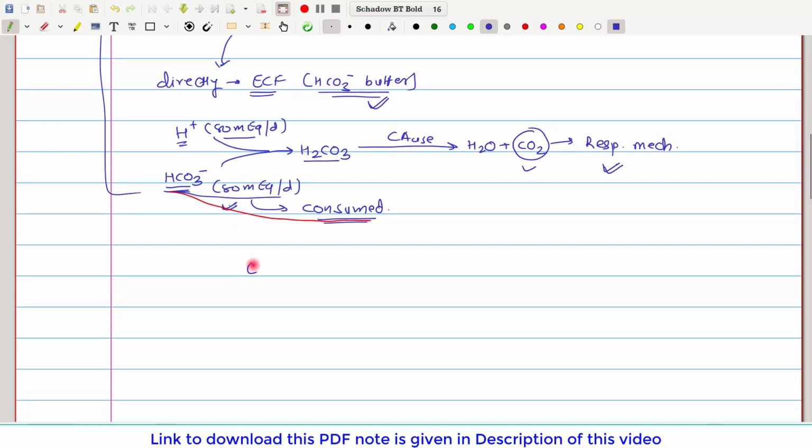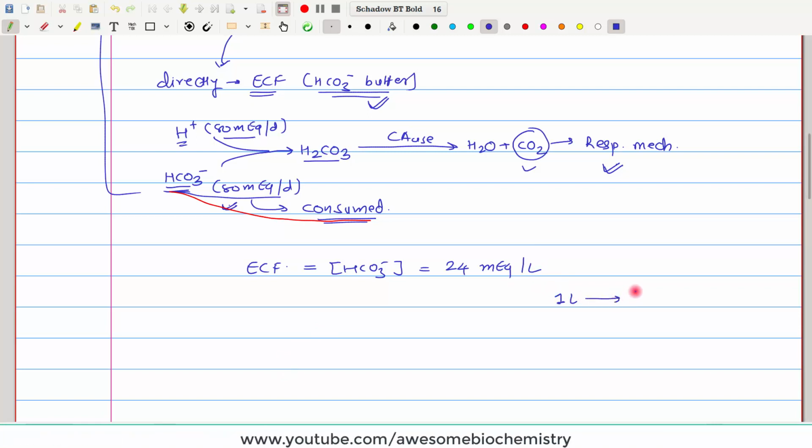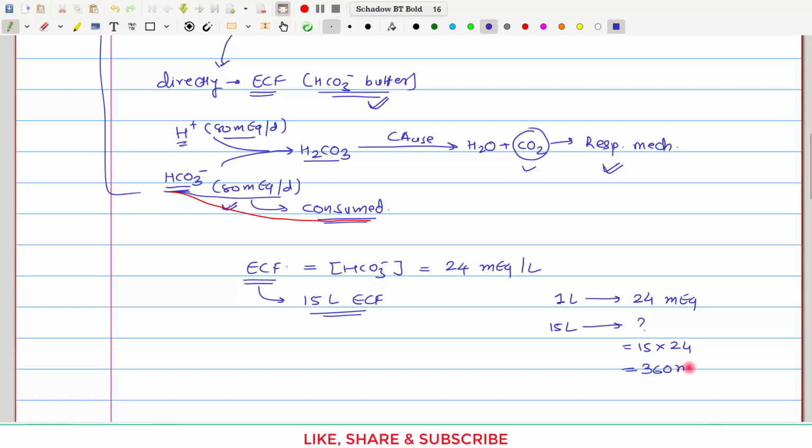If we talk about ECF, the extracellular fluid, here the bicarbonate concentration, that is HCO3 minus concentration, is 24 milliequivalent per liter. That means 1 liter of ECF contains 24 milliequivalent of bicarbonate. In an average 70 kilogram male, there are a total of 15 liters of ECF. So how much bicarbonate do 15 liters of ECF contain? For that, 15 into 24, which makes a total of 360 milliequivalent.